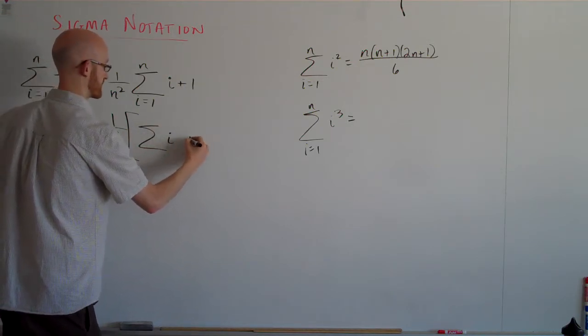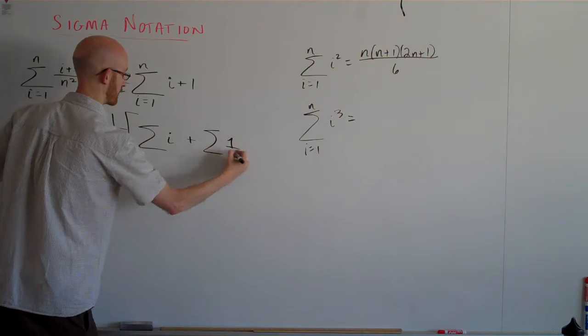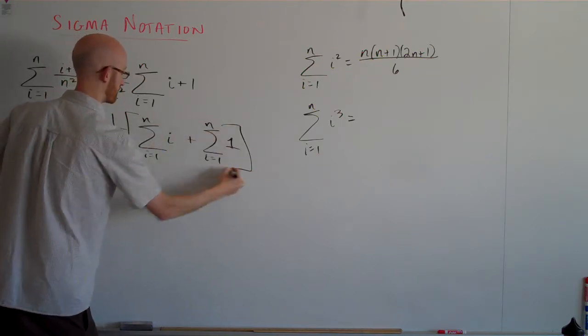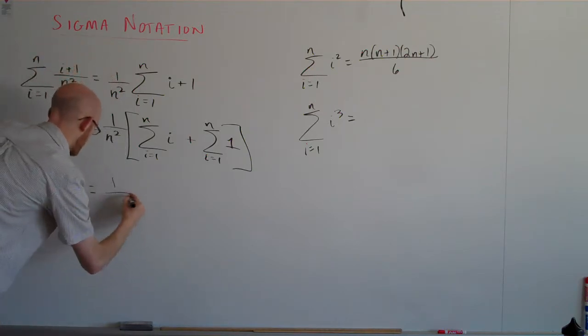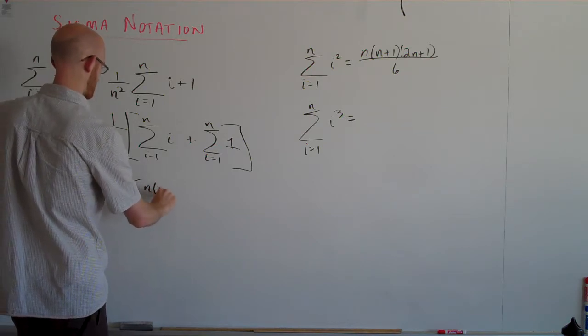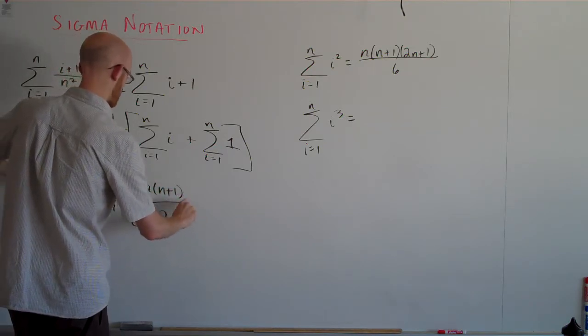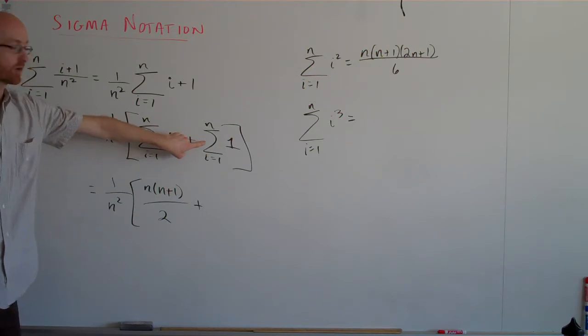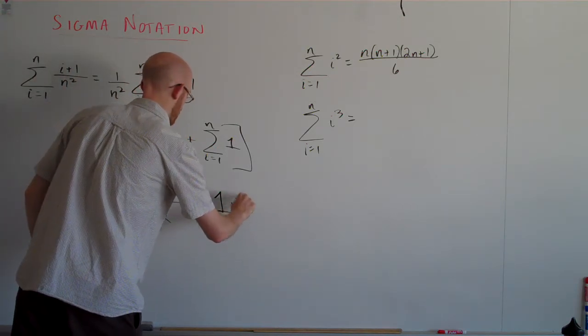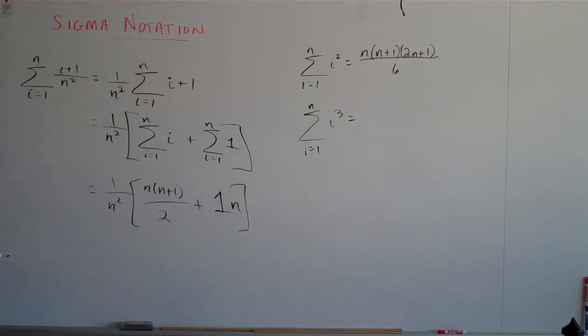So this is the sum of the i's, this is the sum of the 1's. And of course we're still going from 1 to n. Now Gauss taught us that that is n times n plus 1 over 2. And we made a simple argument that that's adding up a bunch of constants, so that's really just 1n, or n.